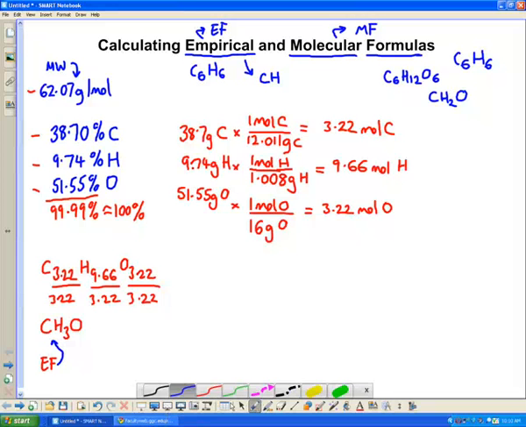That's the empirical formula. But the question is now, how do we get to the molecular formula? Well, which part of all this information have we not used yet? The only piece we haven't used is the molecular weight. And not surprisingly, the molecular weight is what we're going to use right now.